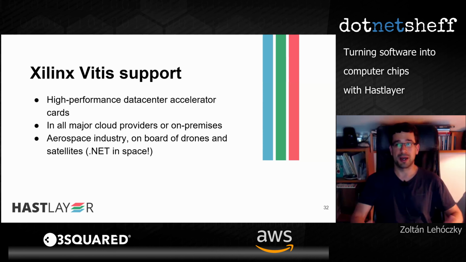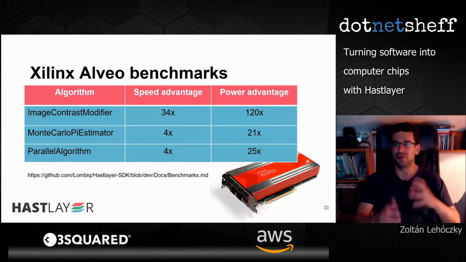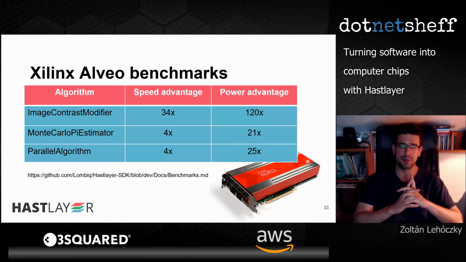And you can also target the aerospace industry, as I've shown you with this onboard computer of a satellite. We are actually working on putting this into orbit, so I will keep you updated when .NET goes into space. We have done some benchmarking. Again, the details are up on GitHub, so you can read up if you like.